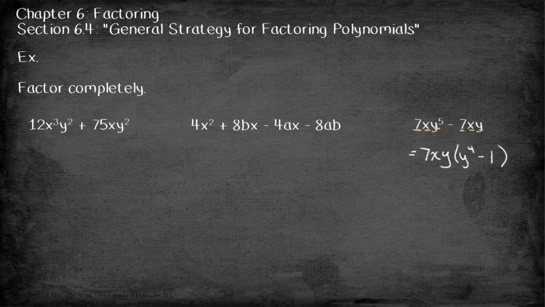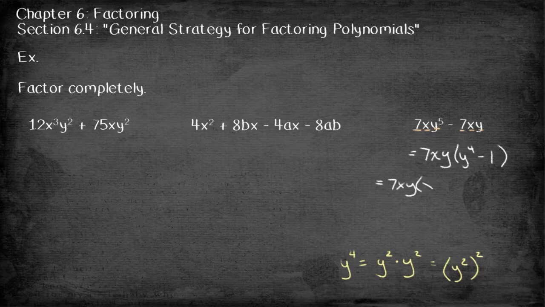Now, remember from our rules of exponents that y squared squared is y to the 4th. So actually, this is a difference of squares, which would factor as y squared minus 1 and y squared plus 1.